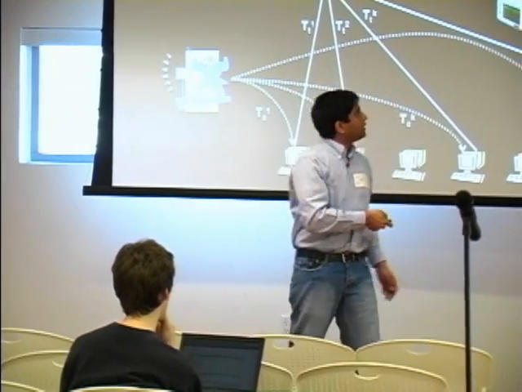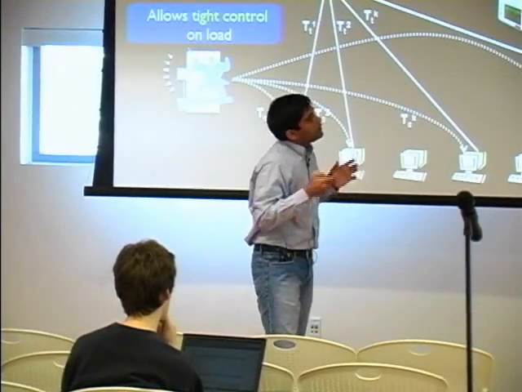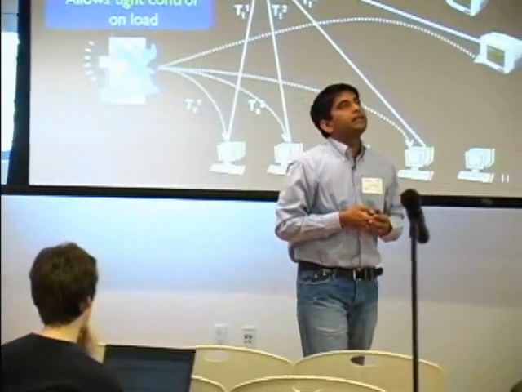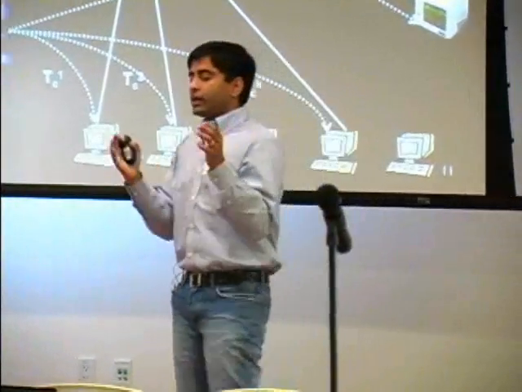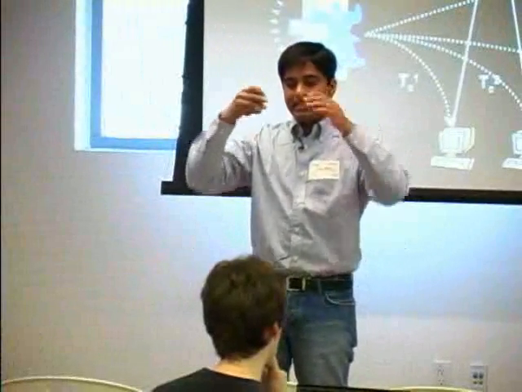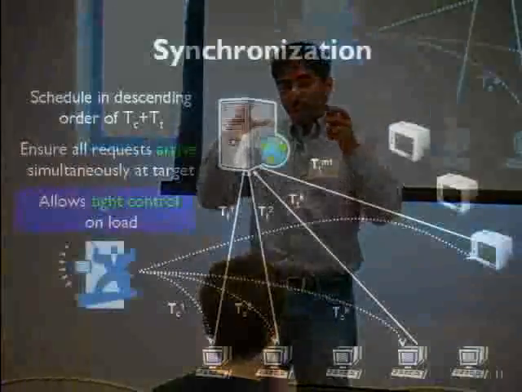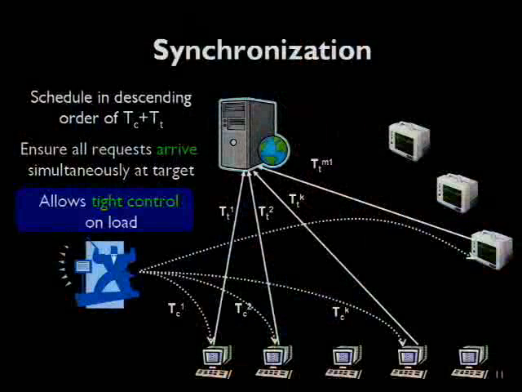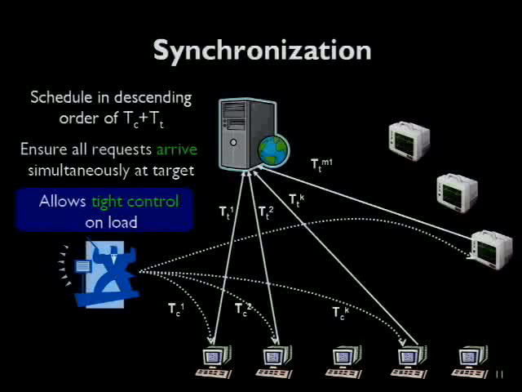Okay. Now the thing to remember about this is that we are assuming that by having all clients make requests such that they arrive at the same time, the load imposed on the server is basically a function of the requests made by the clients. But this, to some extent, also depends on other requests that the server is serving due to other clients that are not part of our experiment, right?